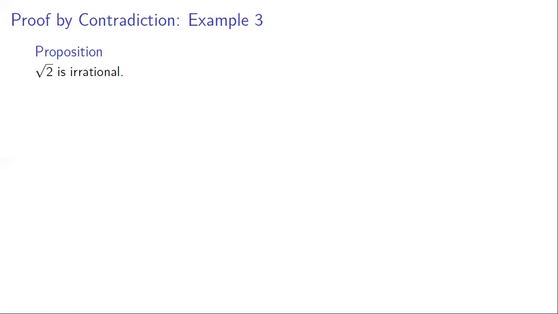But I should have said this maybe before. Proof by contradiction is often more difficult than direct proof or proof of the contrapositive, and that's because we know we want a contradiction, but it's not clear where the contradiction is going to come from. In a direct proof, you know what you want to get to.